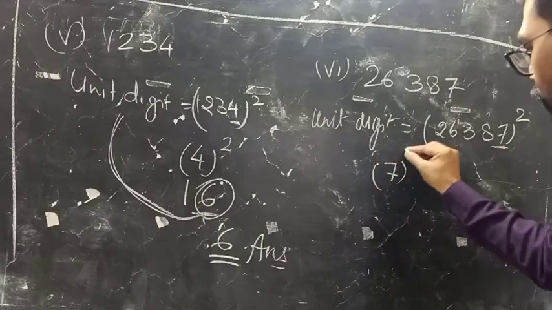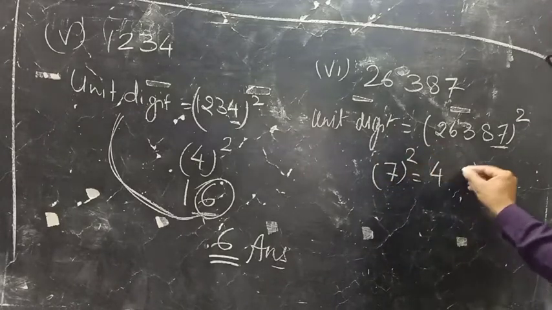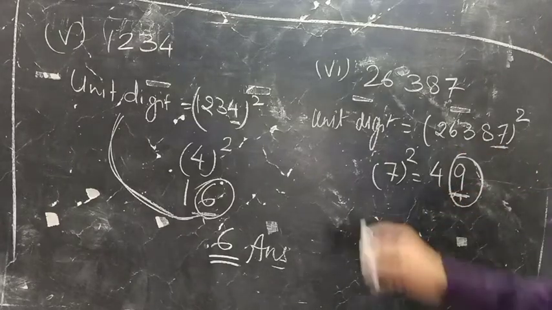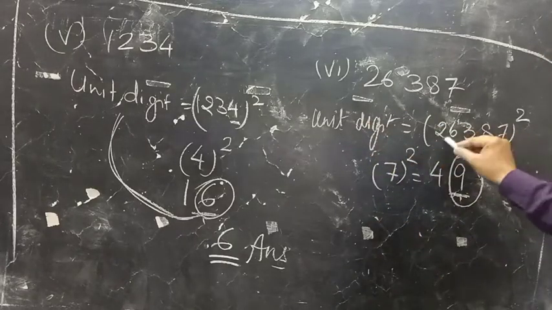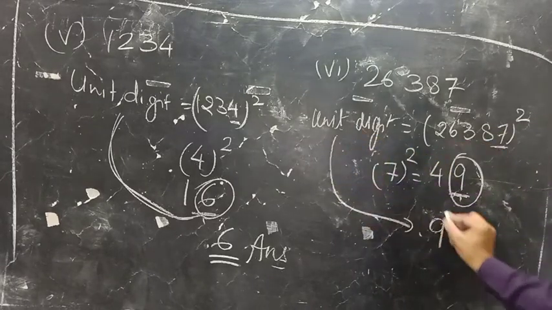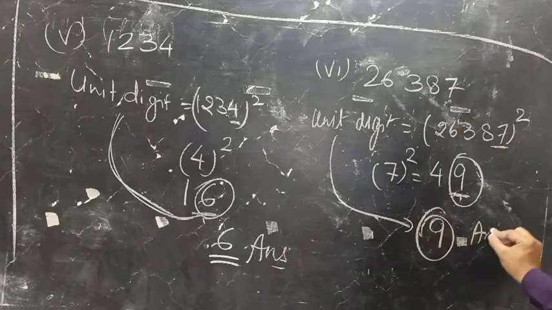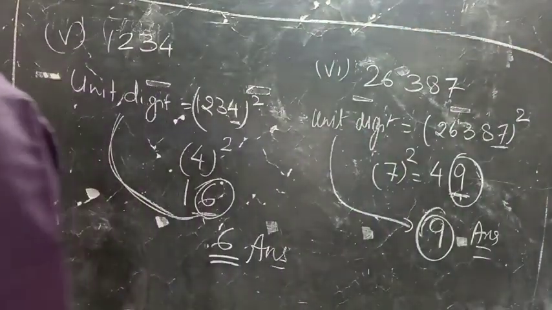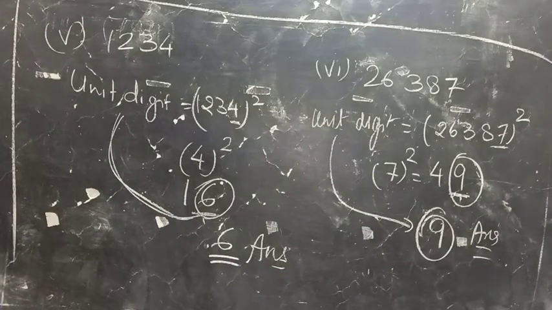So 7 square, 7 sevens are 49. Now ultimately the unit digit is equal to 9. So the unit digit of the square of 26387 is 9. So 9 is the answer. So this is how you calculate the unit digit of the square of any number. Okay. Note it down fast.